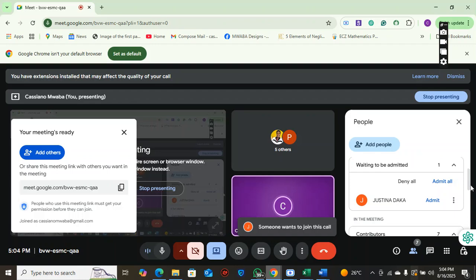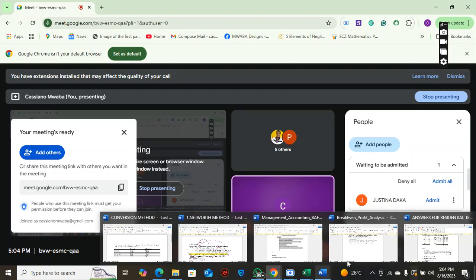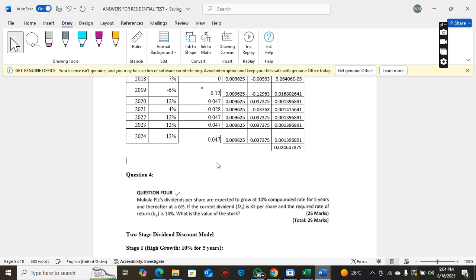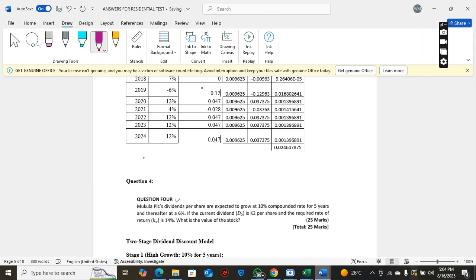Then finally, the formula that we're going to use to get our standard deviation equals the square root of the summation of x minus x bar squared over n minus 1.